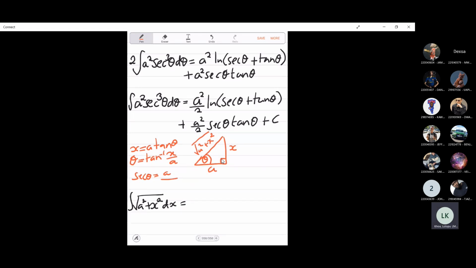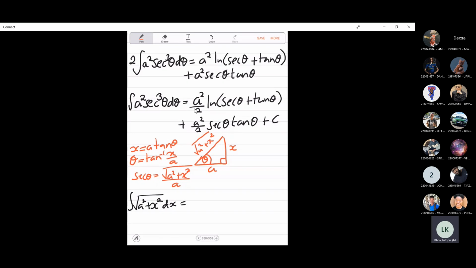Sorry, sec is hypotenuse over adjacent, not adjacent over hypotenuse. So it's the square root of a squared plus x squared over a. Okay, so we have everything we need in order to substitute. Now we'll just go ahead and substitute.